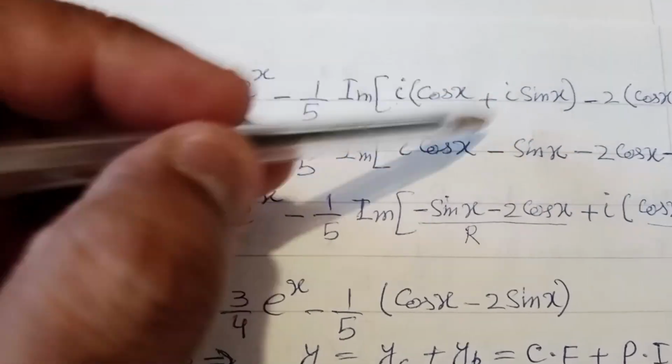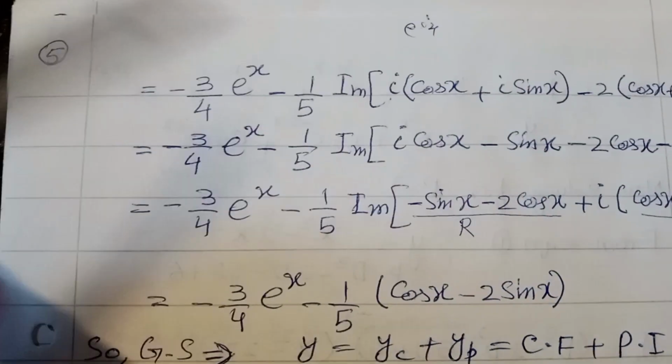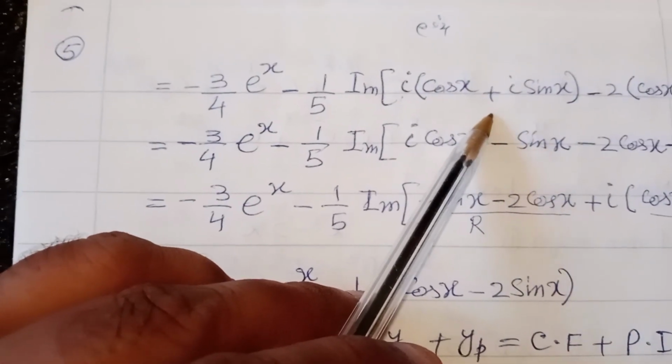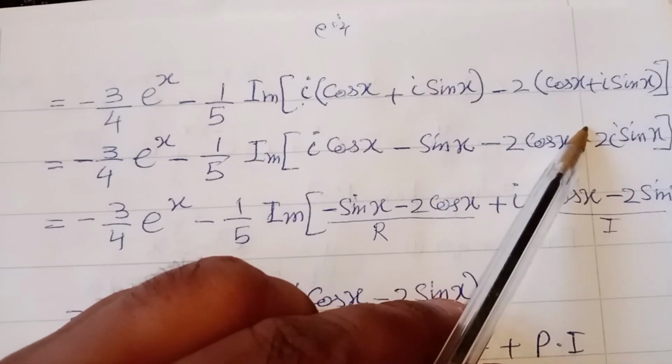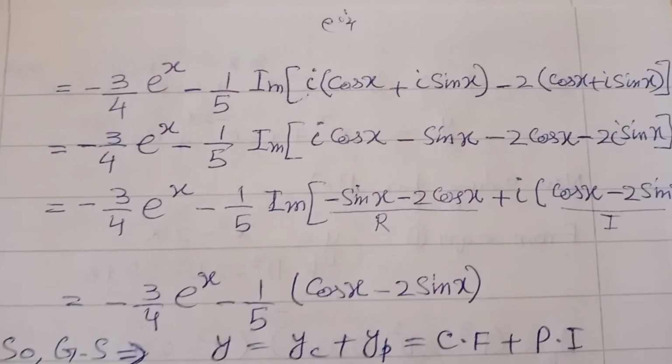What is this value? This value we obtain from exponential iota x, right? This is the value of exponential iota x. So here we substitute the value of exponential iota x, also for the minus 2, which is cos x plus iota sin x.